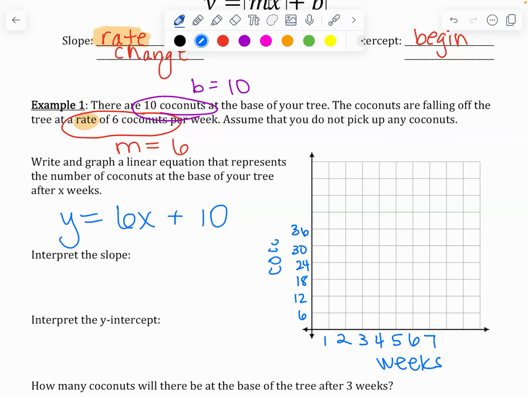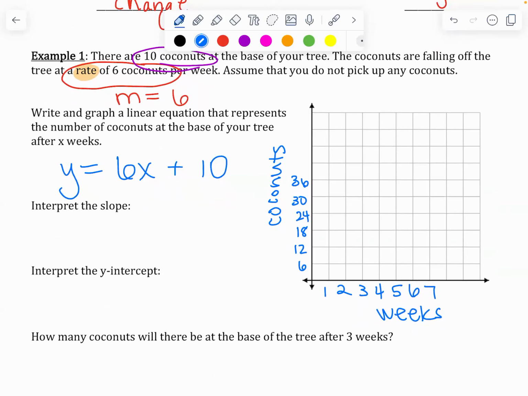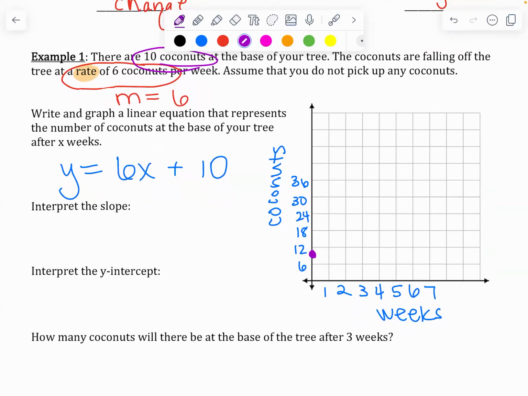Ah, coconuts. So what I can do is I can say, hey, we have a y-intercept of 10. Well, that would be right here. So I'm going to make my y-intercept of 10.